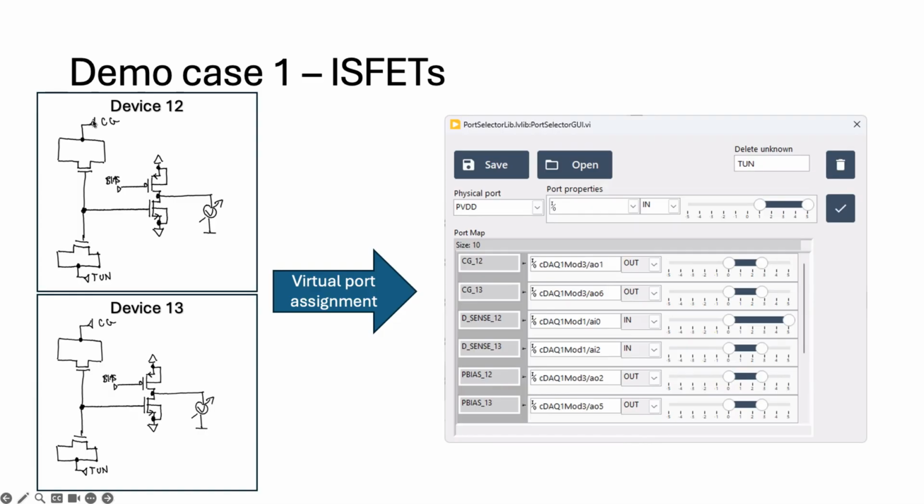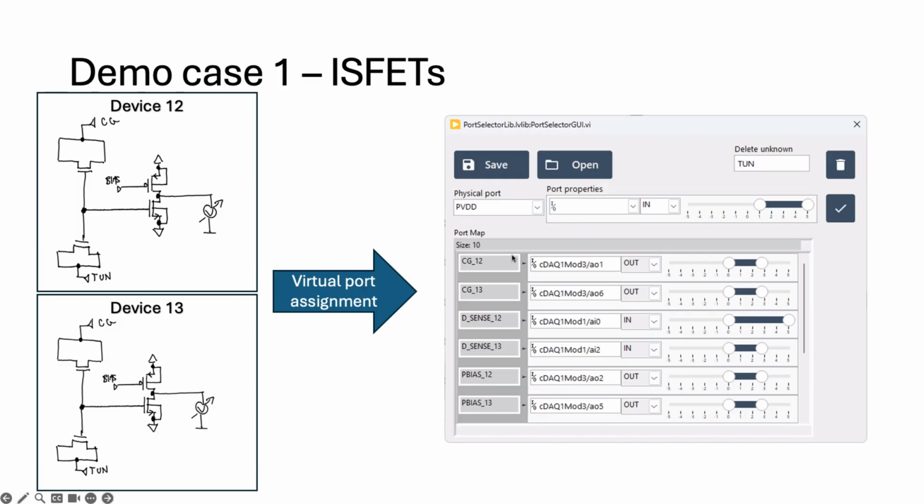So here we control the CG, control the tunneling, control the bias, and read a voltage at the output of the amplifier. And we will do the same testing simultaneously for device 12 and device 13, which are similar in their topology, but they have a different size of tunneling gates.